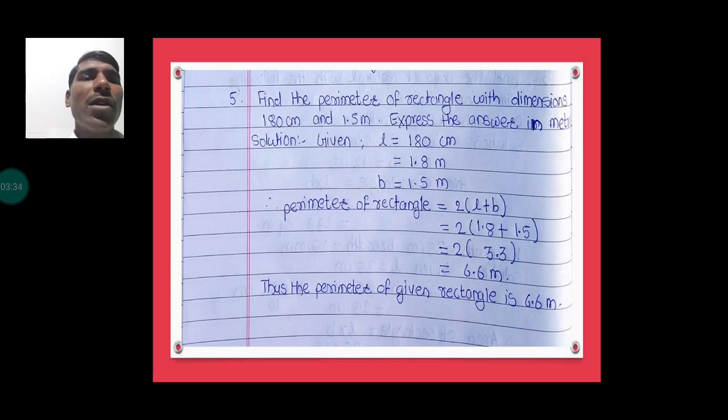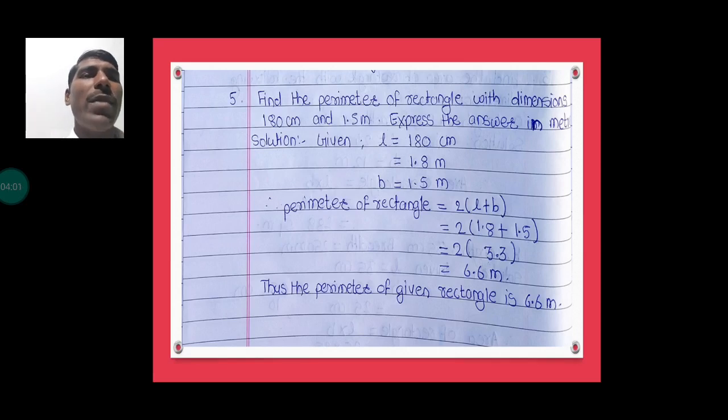If you arrange this sum vertically and add, you will get 3.3. So 2 in bracket 3.3, multiplication, 2 multiply 3.3 will get 6.6 meter as the perimeter of the given rectangle. Thus the perimeter of the given rectangle is 6.6 meter.